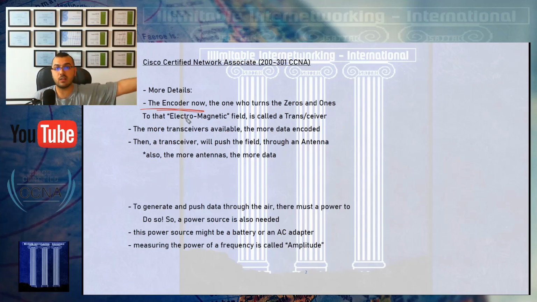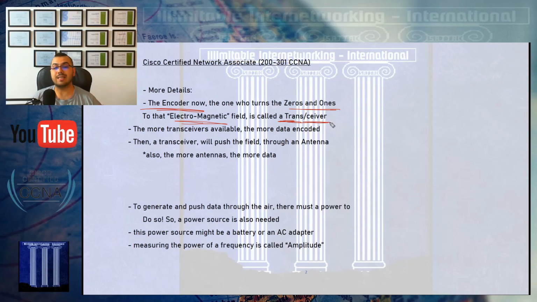And on the other side, there is a decoder that will receive this electromagnetic field, those waves, and will decode them again to zeros and ones. So this encoder, the one who turns zeros and ones into that electromagnetic field, is called a transmitter, and at the same time on the other side it will be called a receiver.